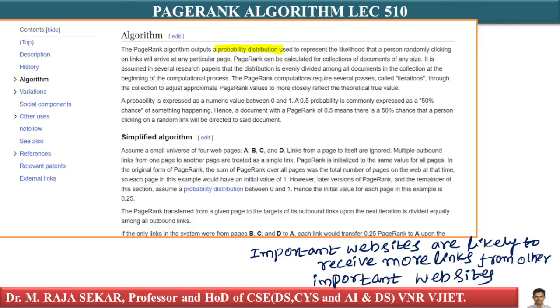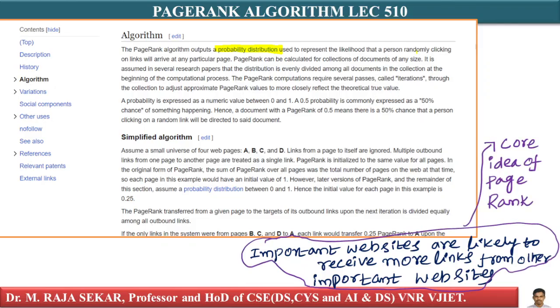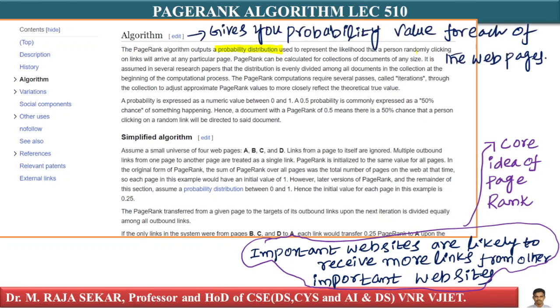It gives a probability value for each of the web pages. Let's say I have web pages U1, U2, U3, U4. All these are web pages.